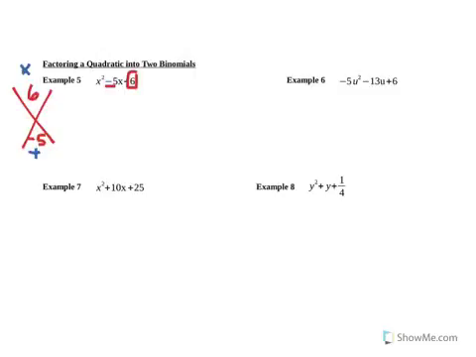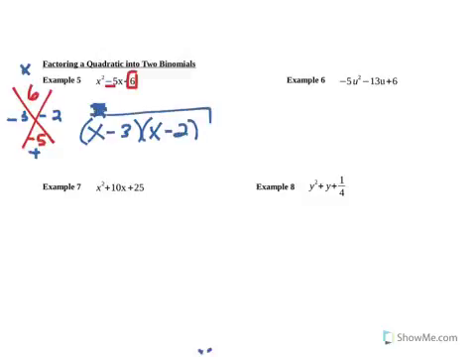So in this case, it would be negative 3 and negative 2, and this becomes, oops, not x squared, x minus 3 times x minus 2. Those ones are the easiest ones to look at.